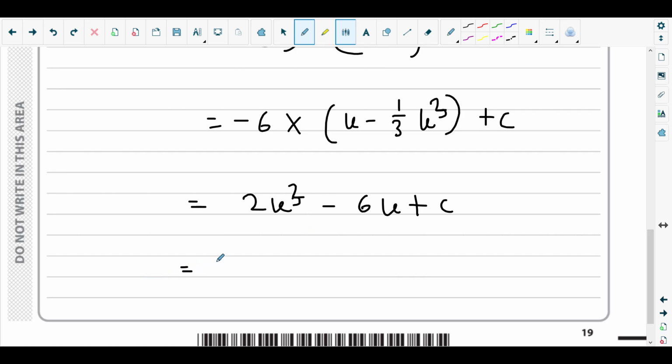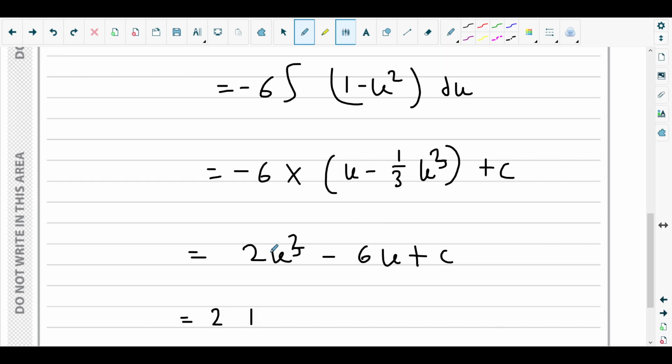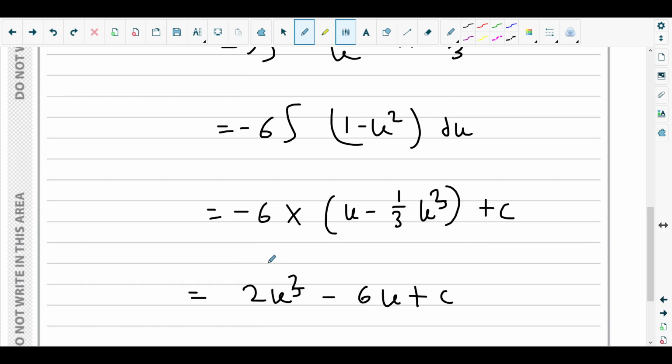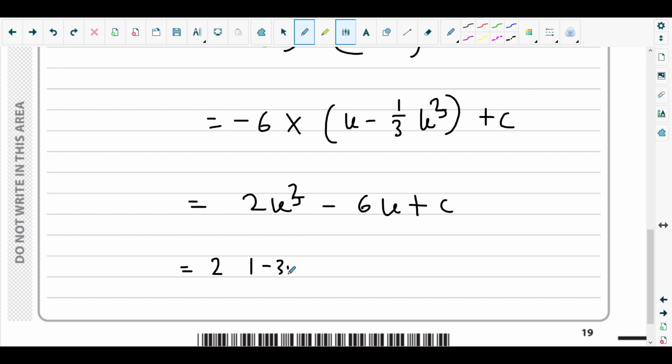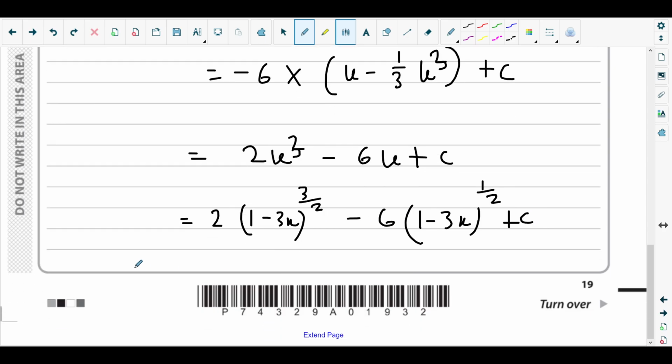Now put the values. So 2 times 1 minus 3x to the power 3 over 2, minus 6 times 1 minus 3x to the power half, plus c. Now what can we definitely take common?